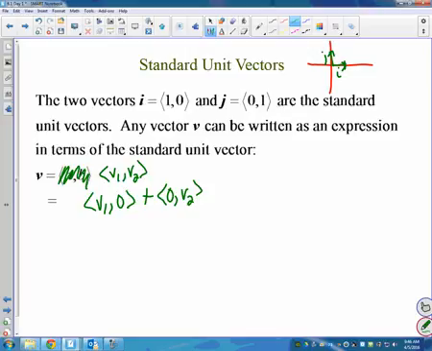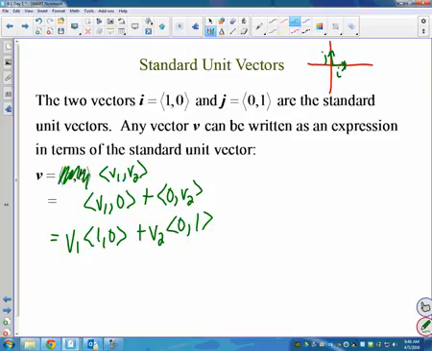If I pulled the v1 out as a scalar, I could write it as v1 times the vector 1, 0, plus, if I pulled the v2 out, v2 times the vector 0, 1. Again, think about what happens if I multiply that back in: v1 times 1 is v1, v1 times 0 is still 0, so it's still the same thing. But I'm trying to get to where this i and j come in.